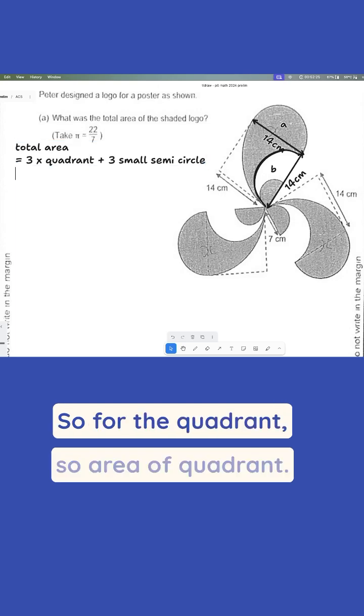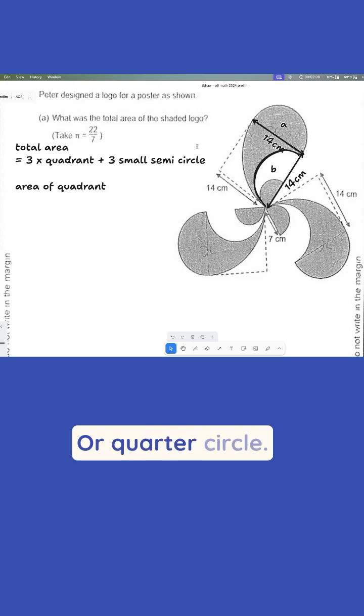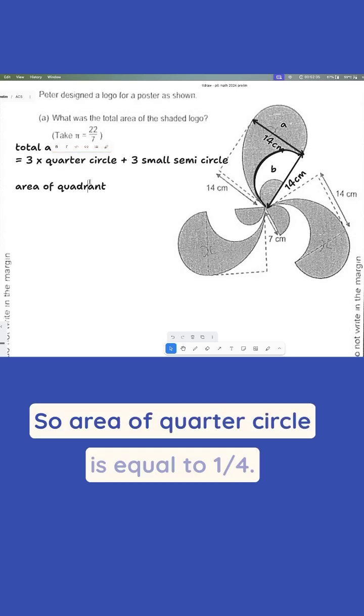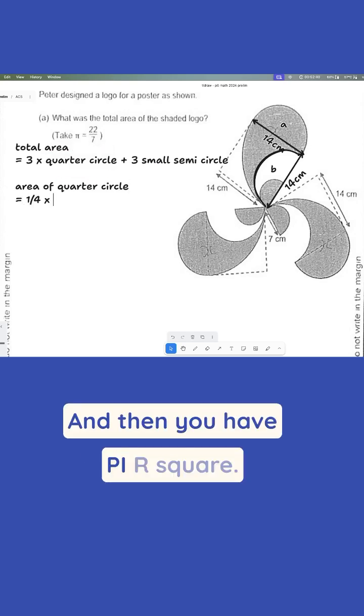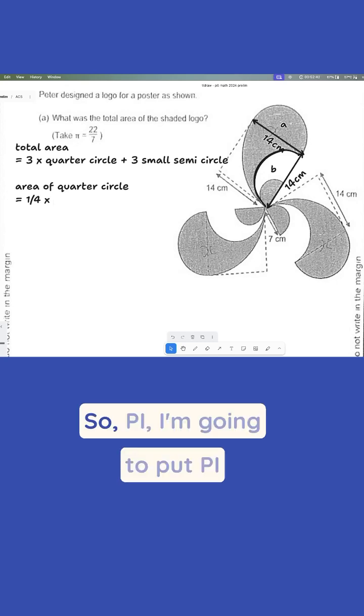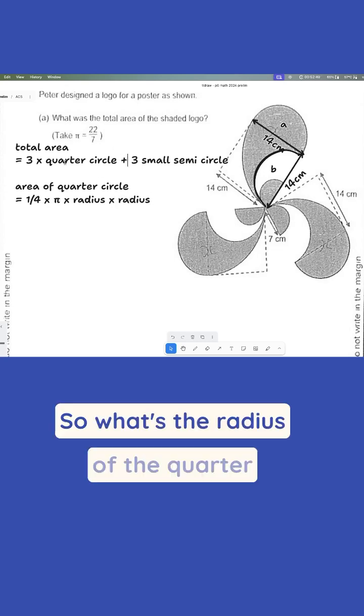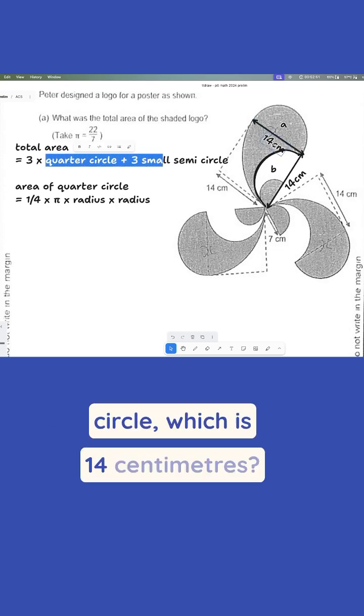So for the quadrant, the area of the quarter circle, I think that makes more sense. Area of quarter circle is equal to 1/4 times pi r squared. So pi times radius. What's the radius of the quarter circle? Which is 14 centimeters.